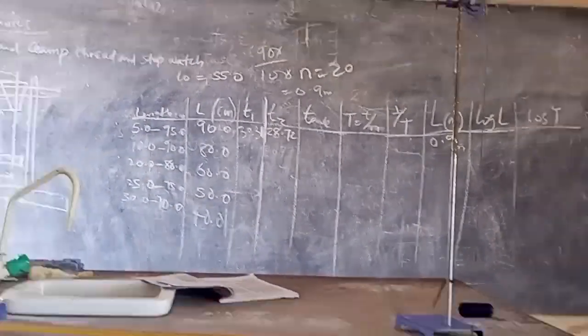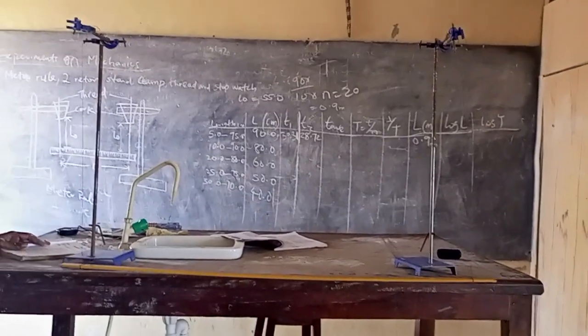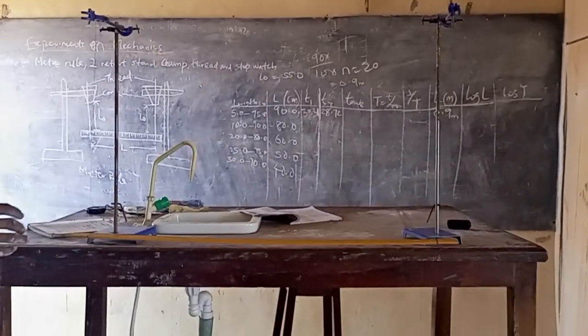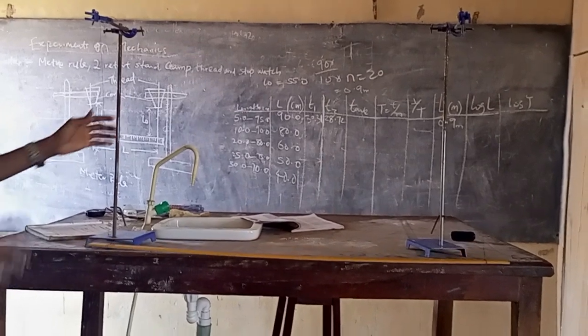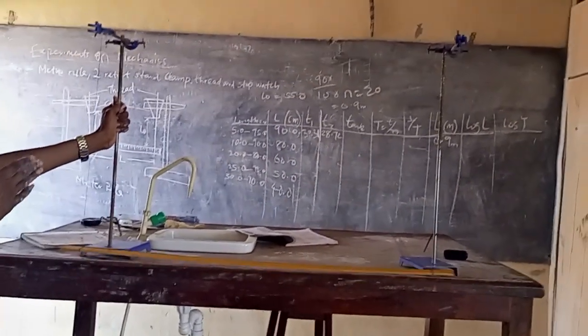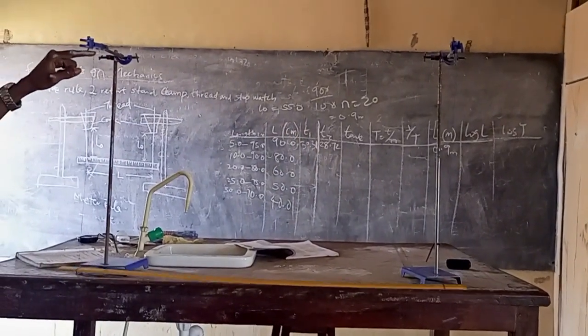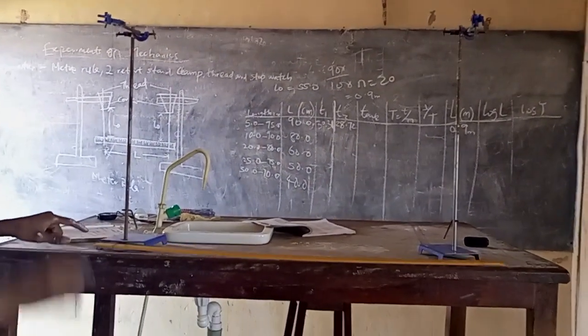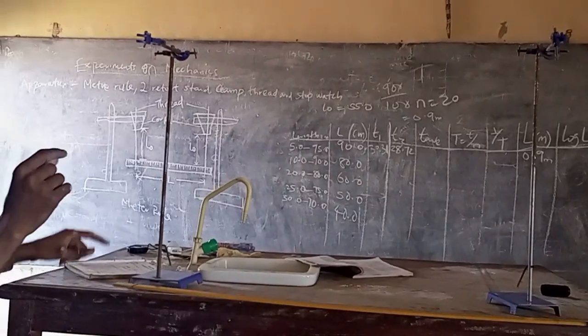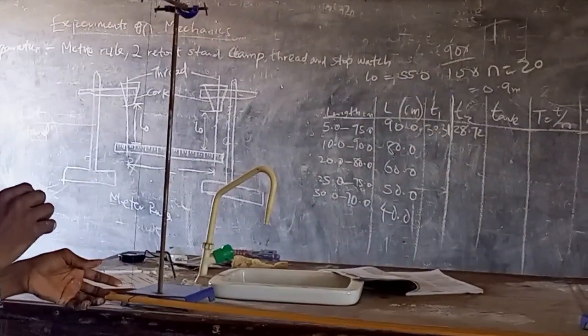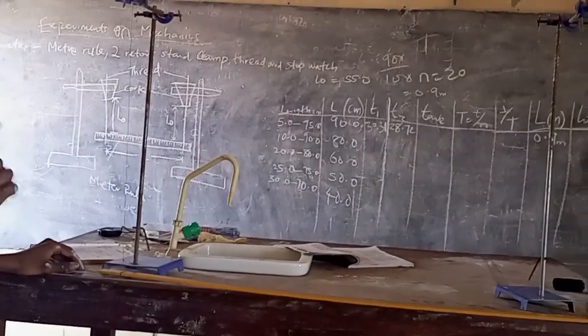Make sure you set this apparatus as shown in the diagram. This is the question given to us. Make sure you set your apparatus, the first retort stand and the second retort stand. The distance between the clamp and the ruler is L0, which is 55.0 centimeter, constant throughout the experiment.